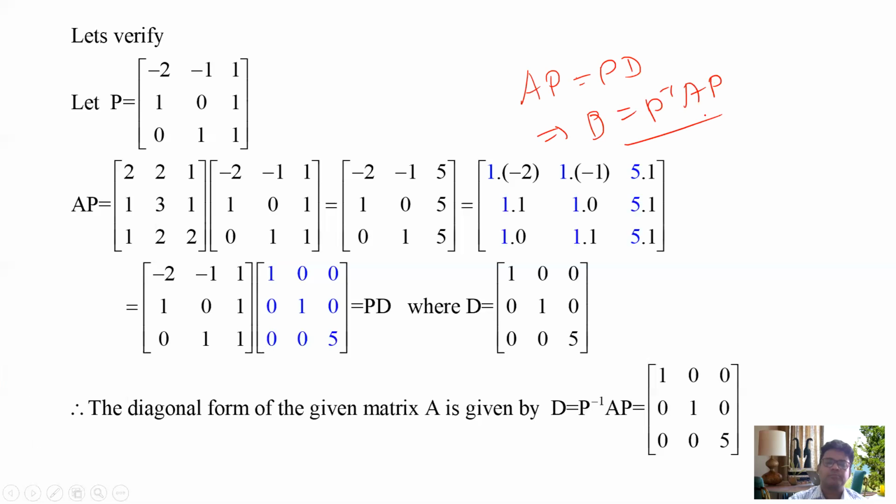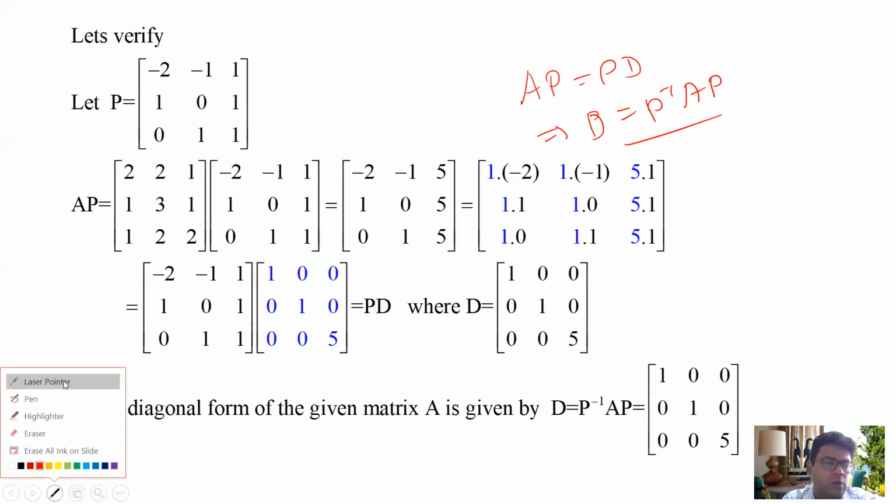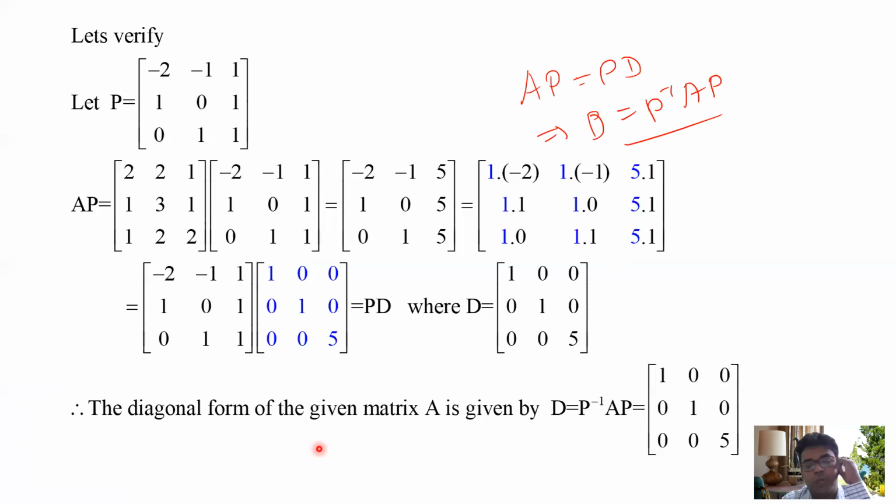Therefore the diagonal form of the given matrix A is given by D is equal to P inverse AP, that is 1, 0, 0, 0, 1, 0 and 0, 0, 5. So here is your main part: when you multiply AP, our next target is to express it eigenvalue-wise. This is the vital part.